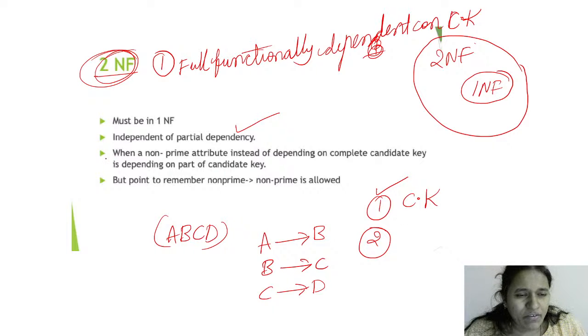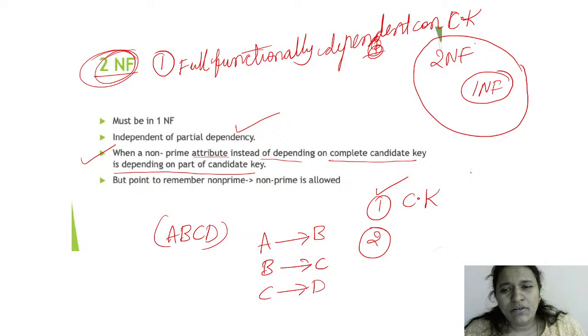Now we will read this point. When a non-prime attribute, instead of depending on the complete candidate key, is dependent on part of the candidate key. In this relation we already found only A is the candidate key. Now it is okay.